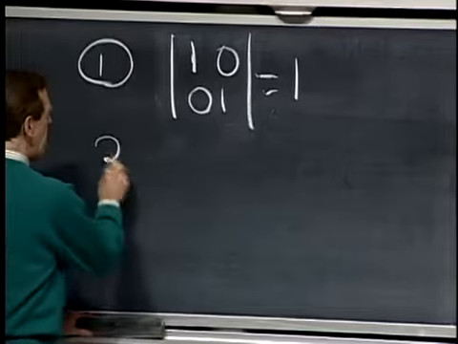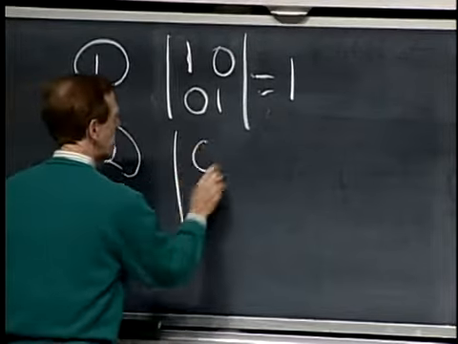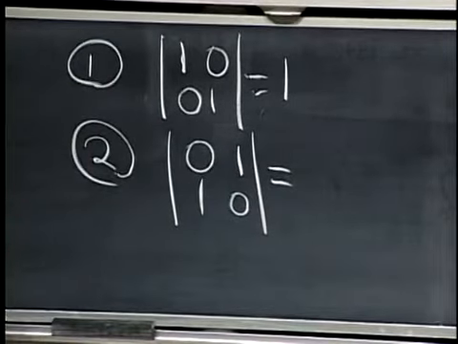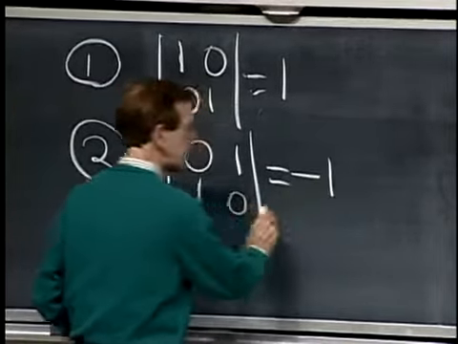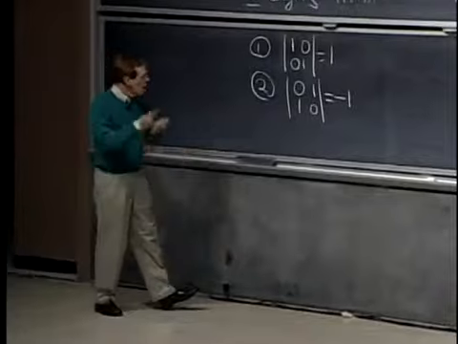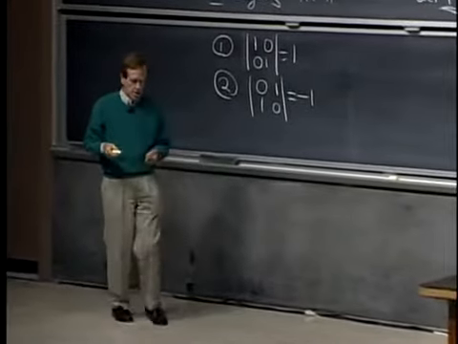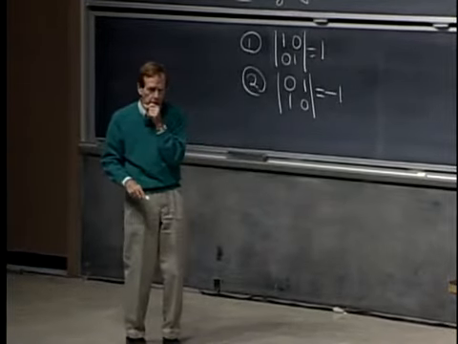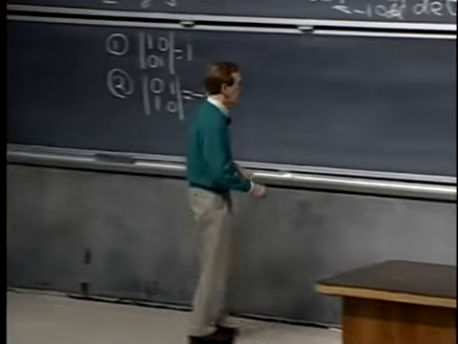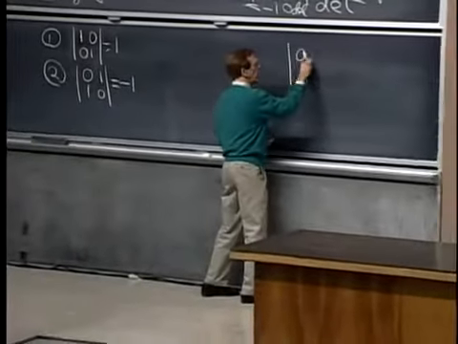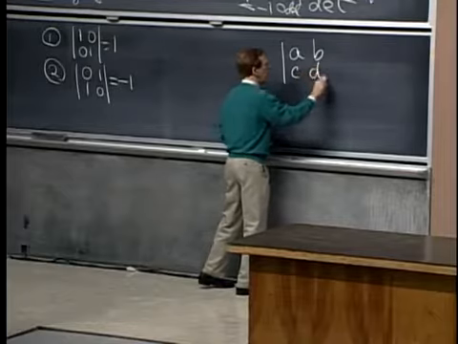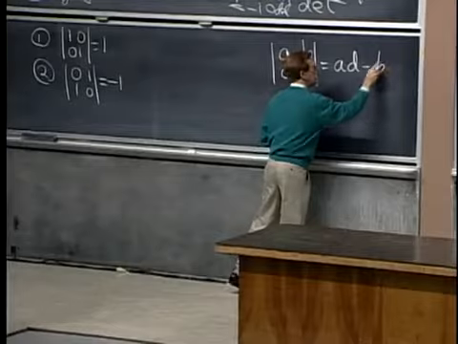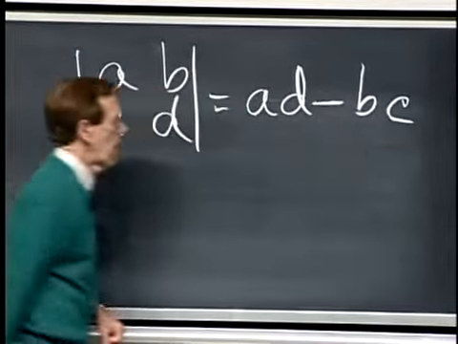Property 2 tells me that this exchanged matrix has determinant, what? Negative 1. This is 2x2. And now ultimately I want to get to the formula that we all know, that the determinant of a general 2x2 is ad minus bc.